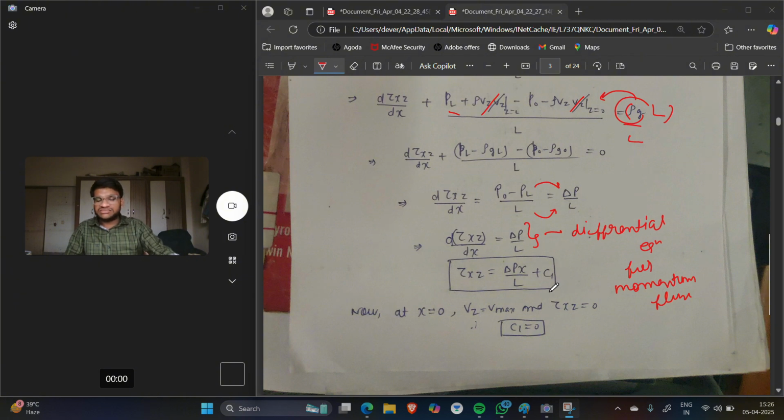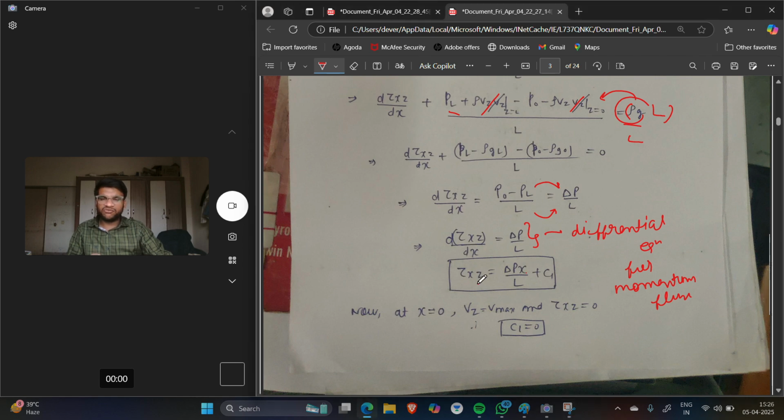I have to find this C1 value. The variables here are tau xz and x, so I have to know at least one value of x for which tau xz is known, so I can easily calculate my C1.